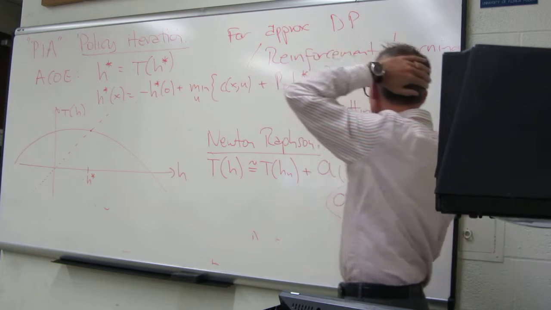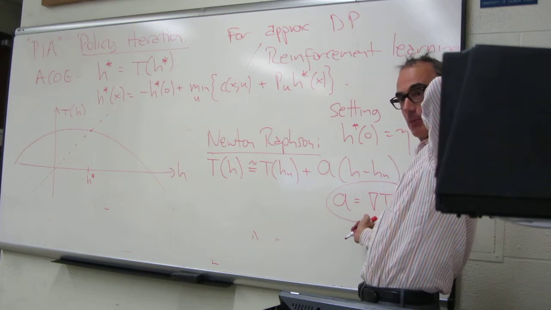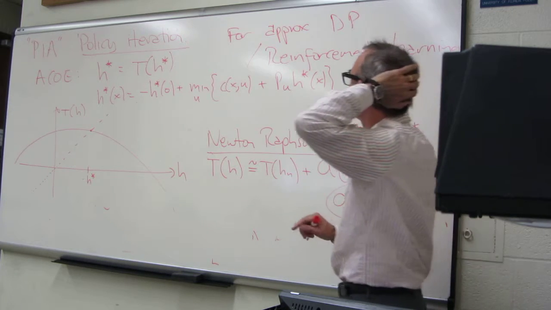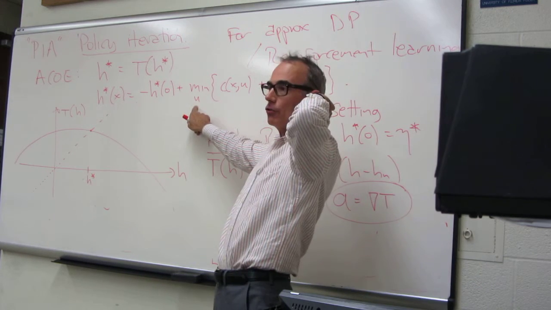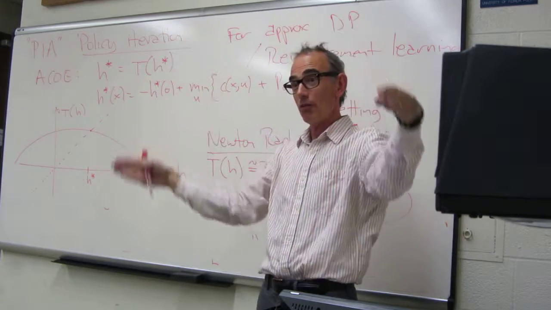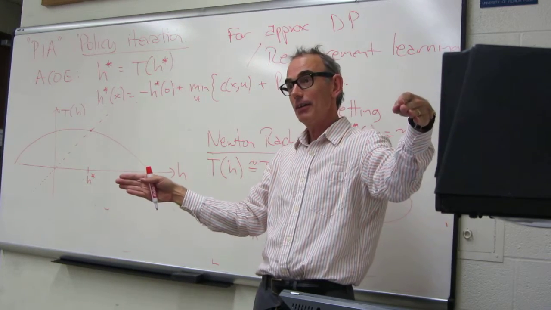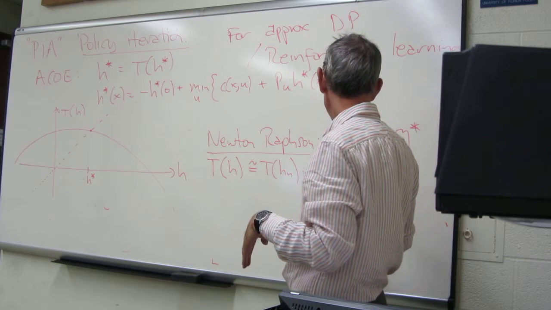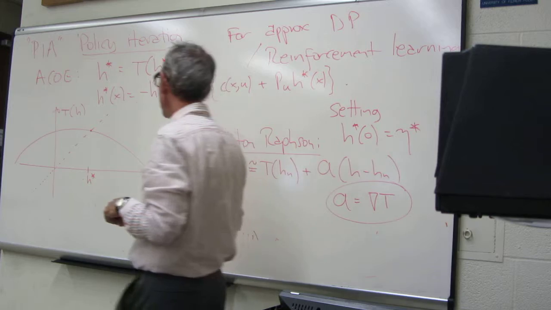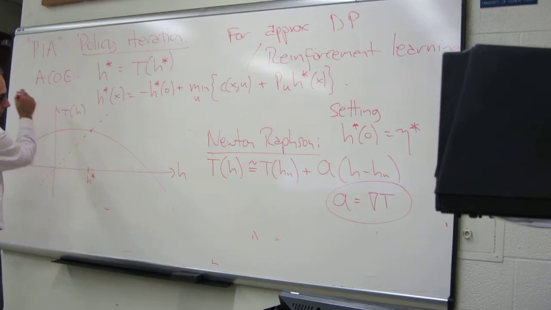So its gradient would be a matrix, and this is a linear approximation of T. Now, if there's only a finite number of controls, this is a finite minimization, and T might really have corners. It might be piecewise linear. So this might not be differentiable. But we can still look at an affine approximation.